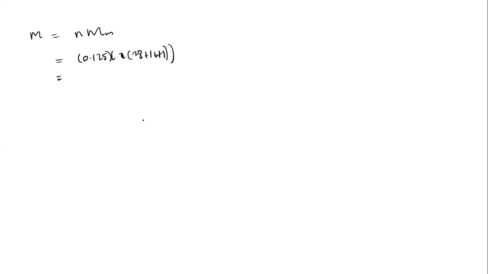Therefore, we get 5. So our mass here is going to be 5 grams. Therefore, the mass of sodium hydroxide will be 5 grams. Final answer. Hope that is making sense.